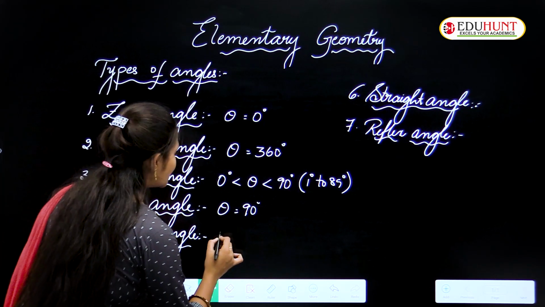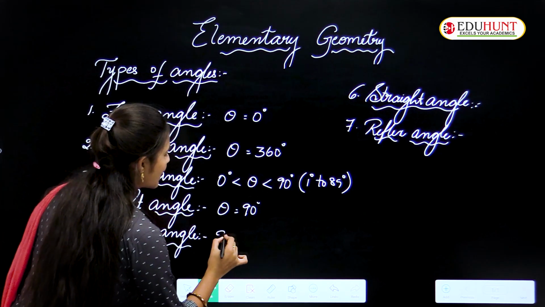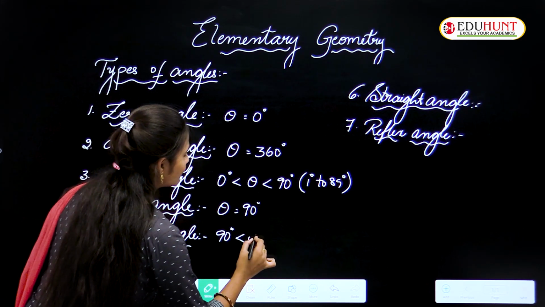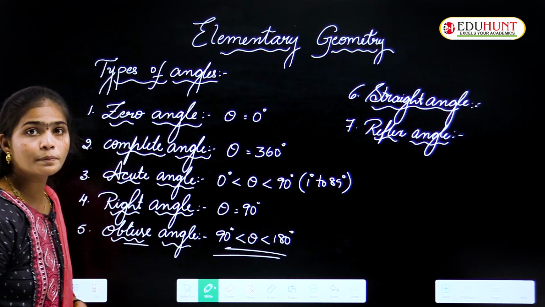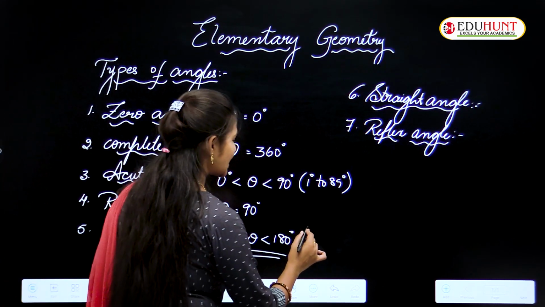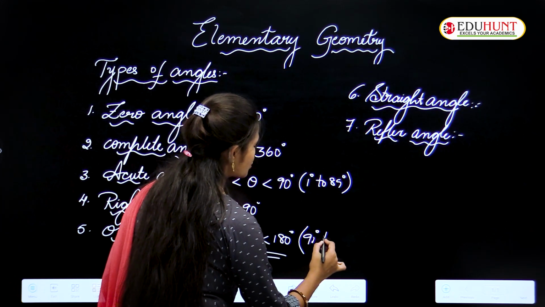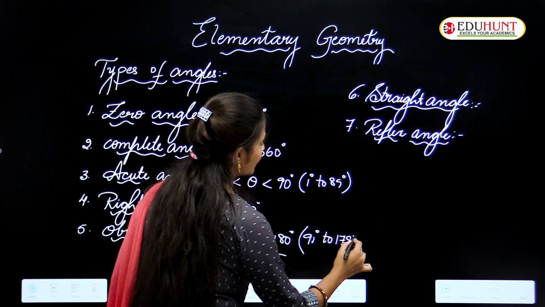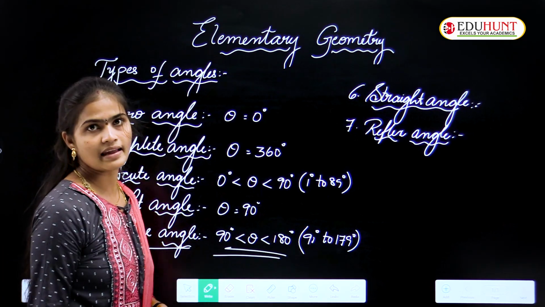Next, obtuse angle means an angle which lies between 90 degrees and 180 degrees. We call those angles obtuse angles. Which angles can we consider here? That is 91 degrees to 179 degrees. Any such angle we can consider an obtuse angle.